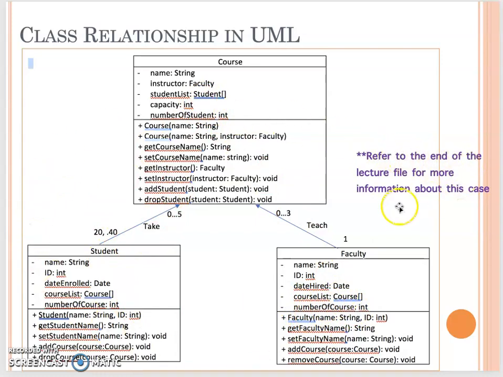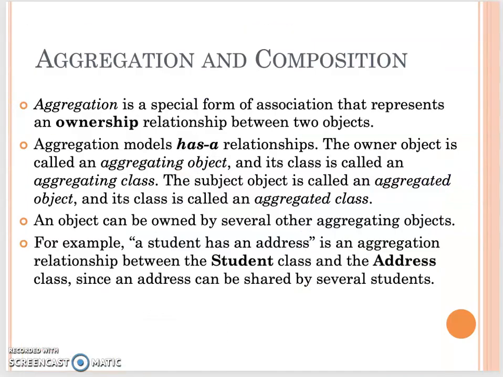I will talk about this example at the end of this week, later after your lab exercise and before you move forward with your homework assignment, so I will have a case study for that. After the association relationship, the next two, aggregation and composition, both represent ownership relationships, but they are slightly different.